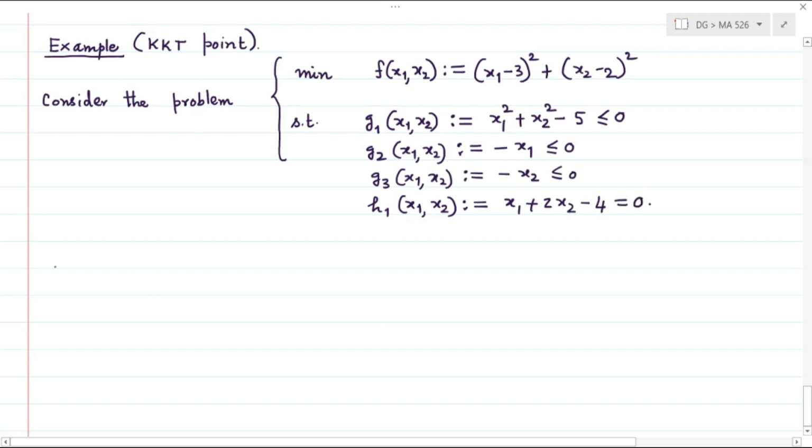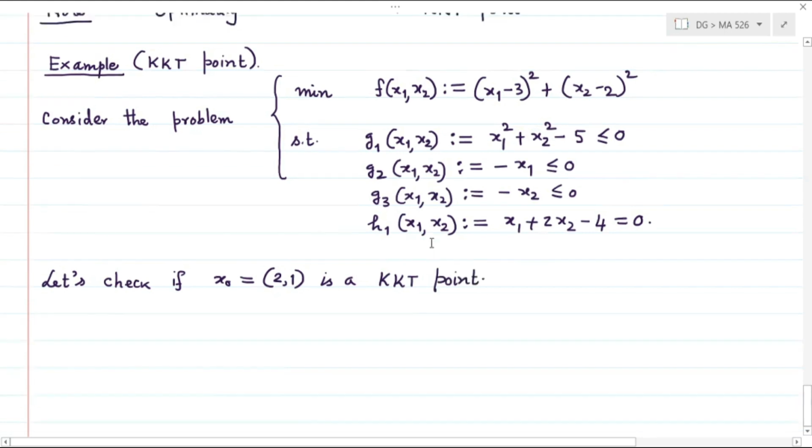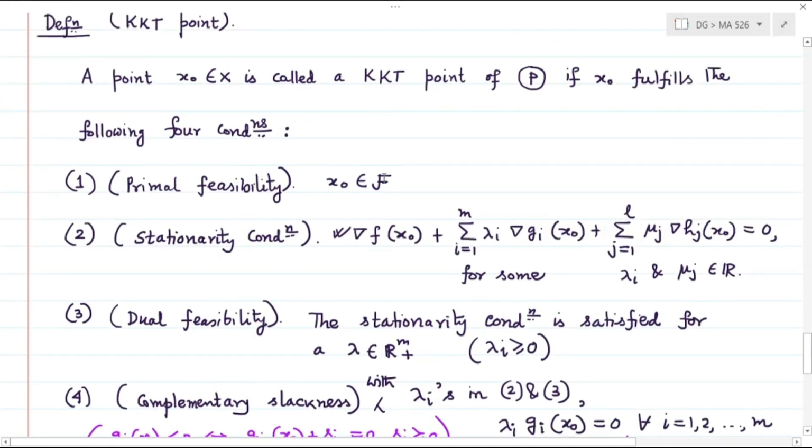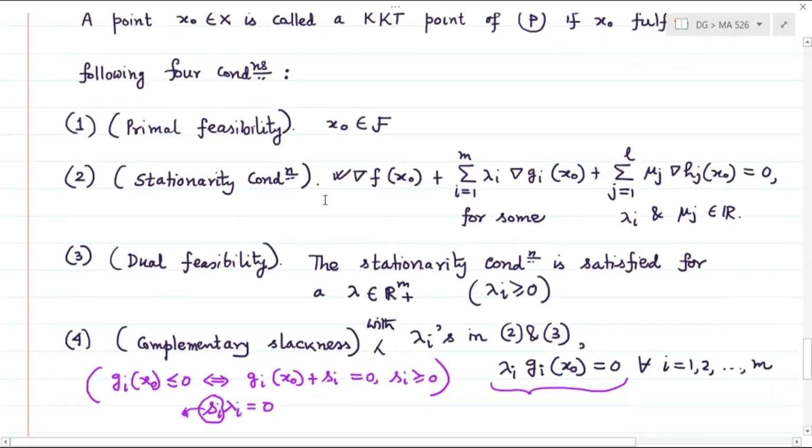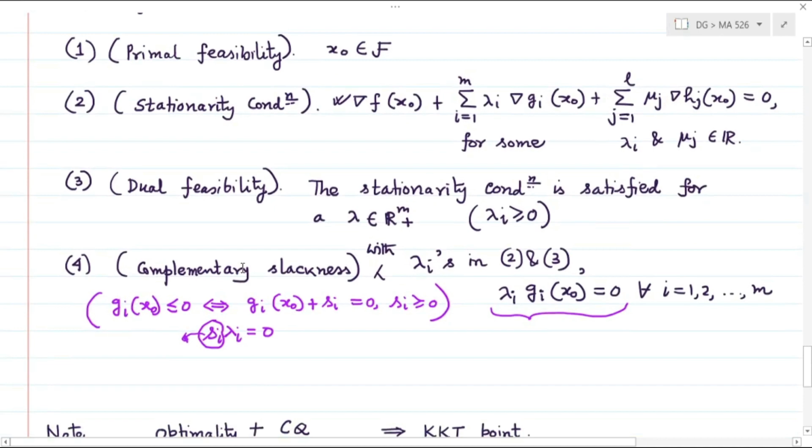Now let us check if the point x0 = (2, 1) is a KKT point. Let us check. In order to check that it is a KKT point, what do we have to check? We have to check all the four conditions: primal feasibility, stationarity condition, then dual feasibility, and complementary slackness.